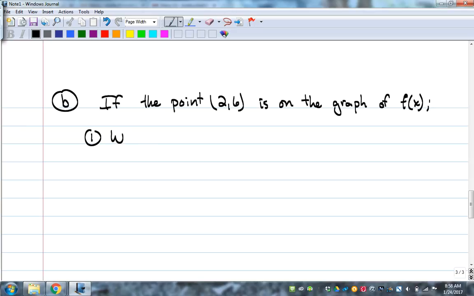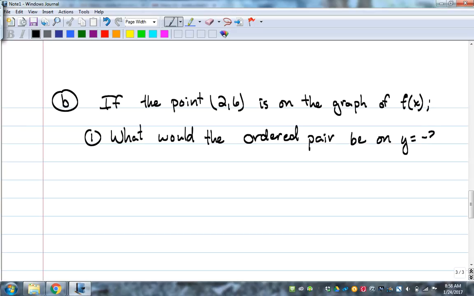First question I want to ask is what would the ordered pair, spell ordered pair, O-R-D-E-R-E-D, be on y equals negative 3 times f of (x minus 1).